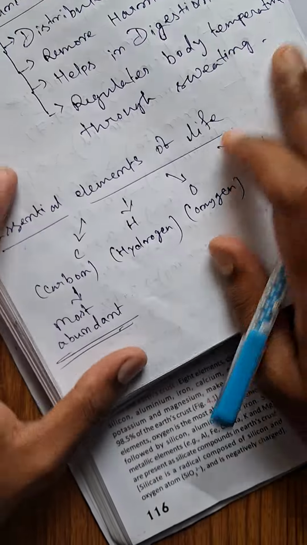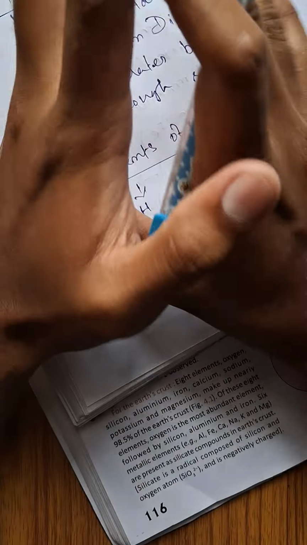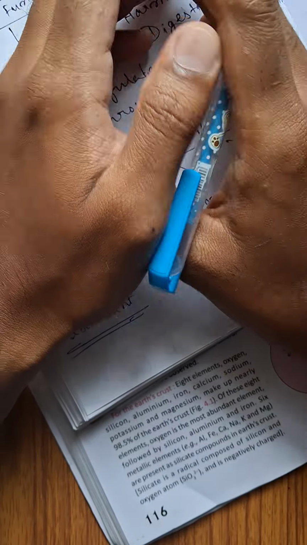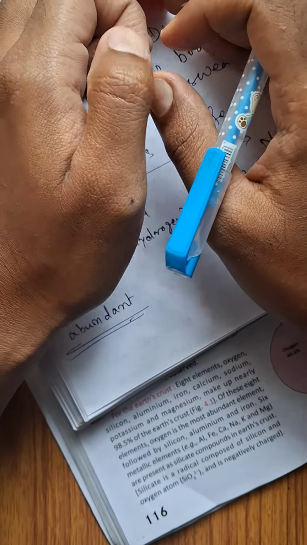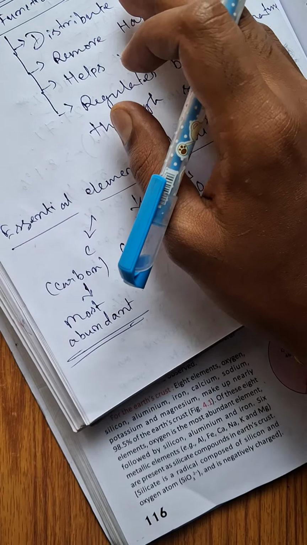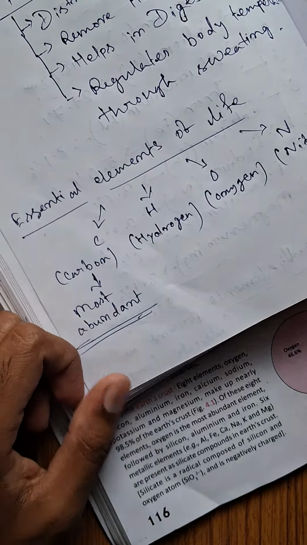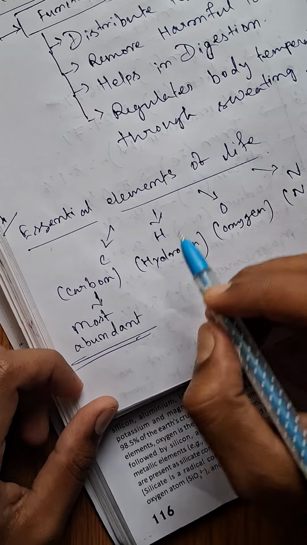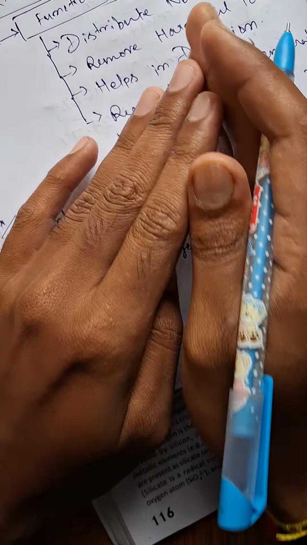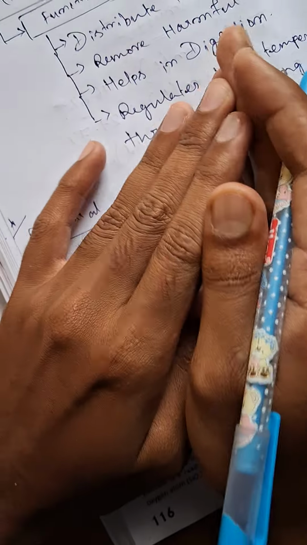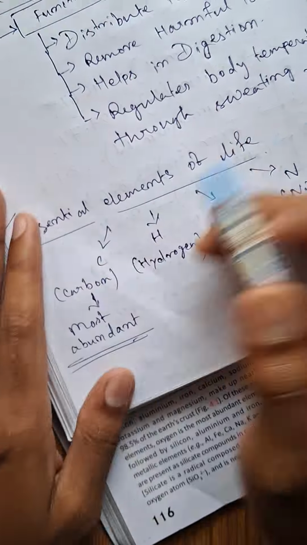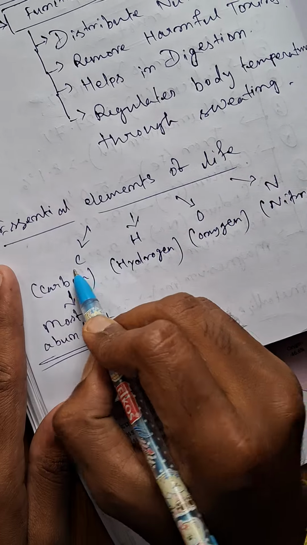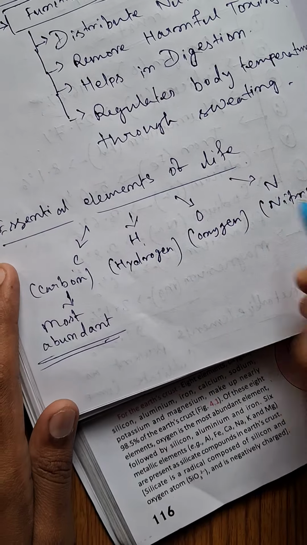So these are the elements present in our Earth crust. Now we will learn about some elements which are essential in our human body. You should know the difference between an element and a compound. The essential elements of the human body are carbon, hydrogen, oxygen, and nitrogen.